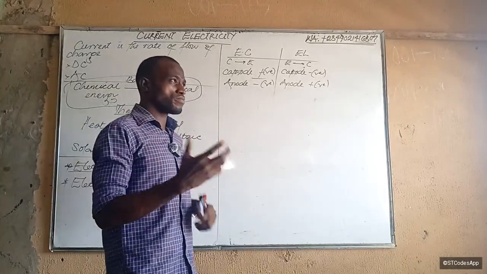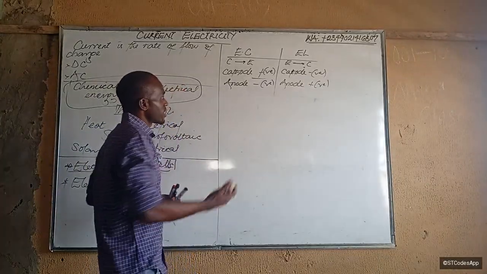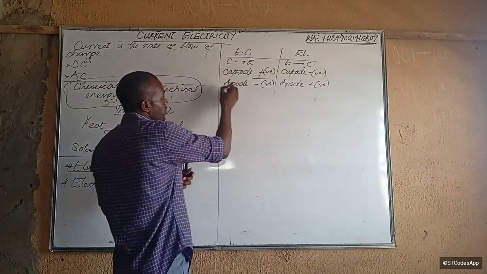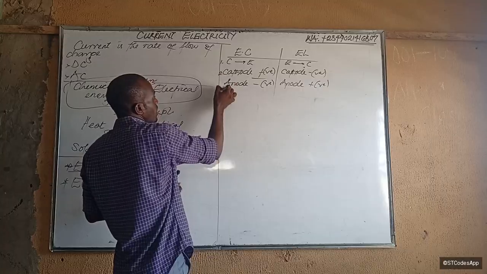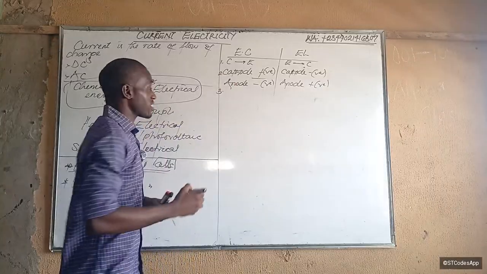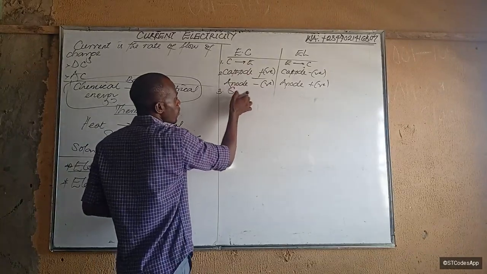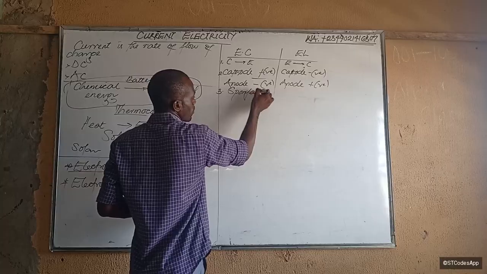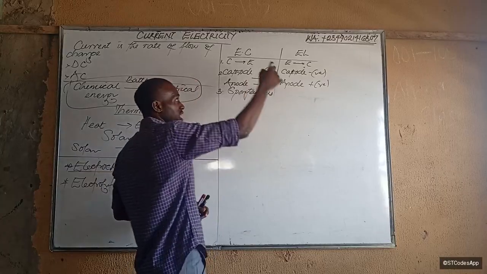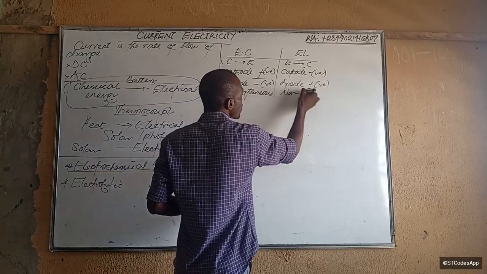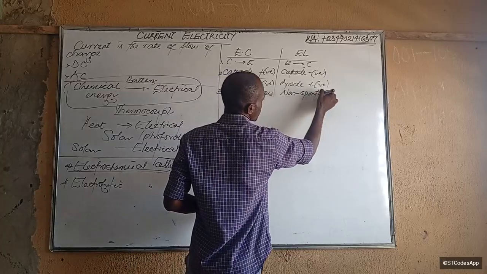So that is the first difference, and the second. The third difference is that in an electrochemical cell, the reaction is spontaneous. But in an electrolytic cell, the reaction is non-spontaneous.